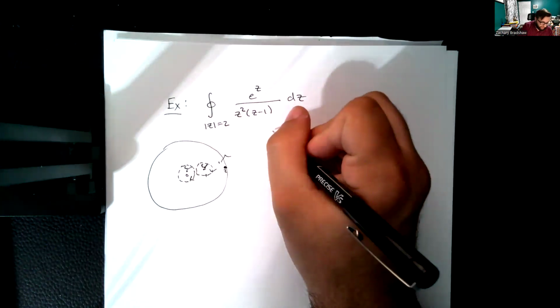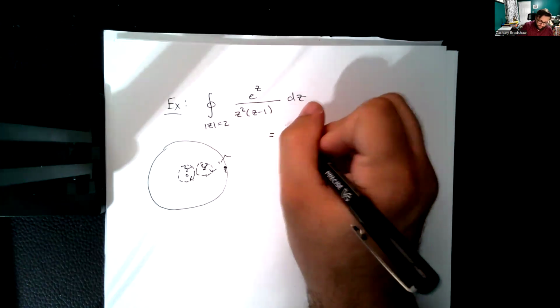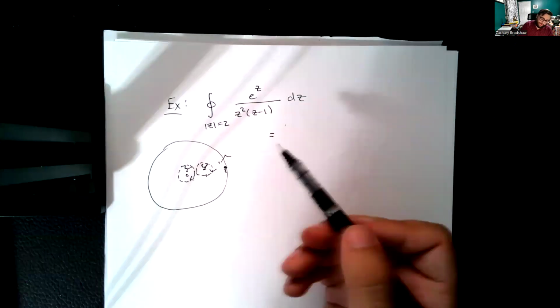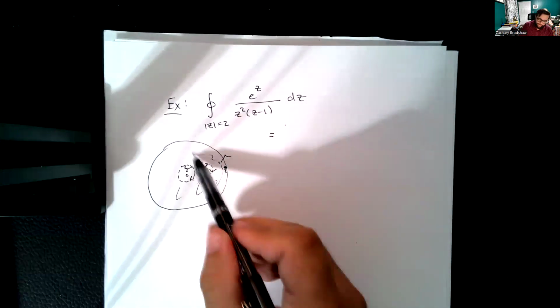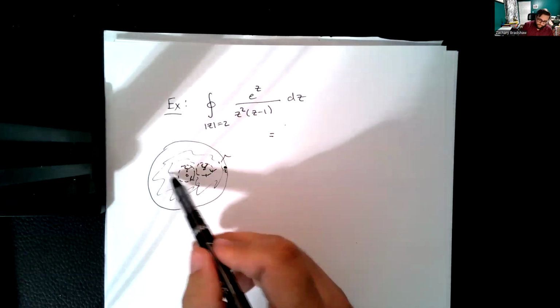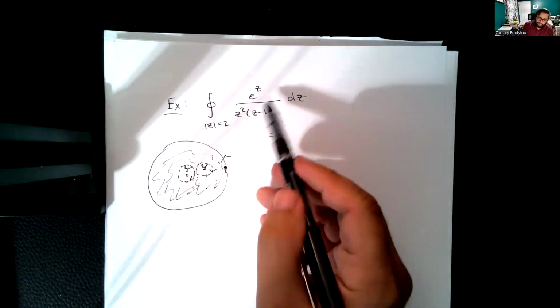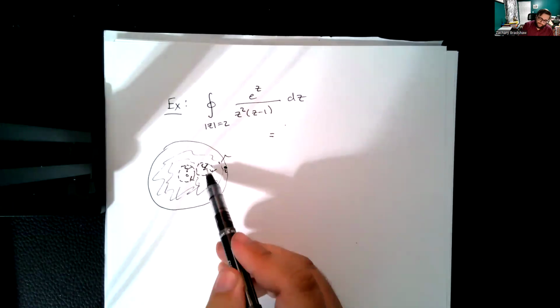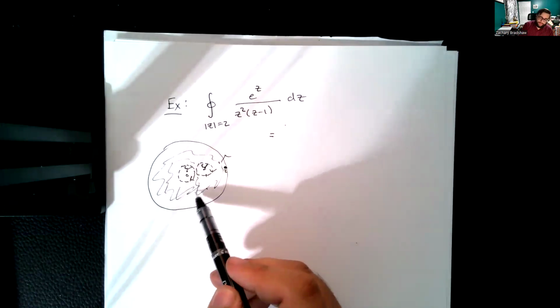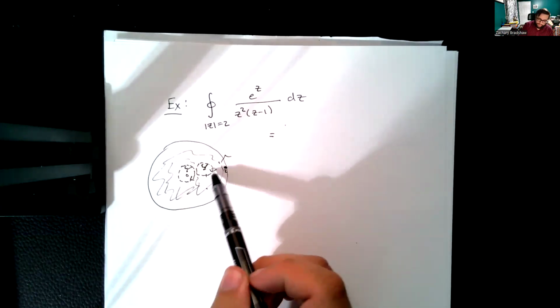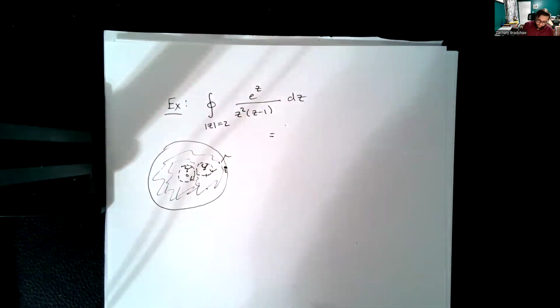So when I take my domain to be this region with these circles removed, I can apply Cauchy's theorem, right? Because this thing will be analytic in that region because I've removed the singularities. And that'll tell me that the integral over that combined boundary, so over this, this, and this, is equal to 0.